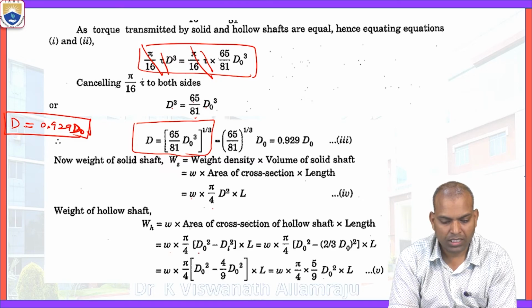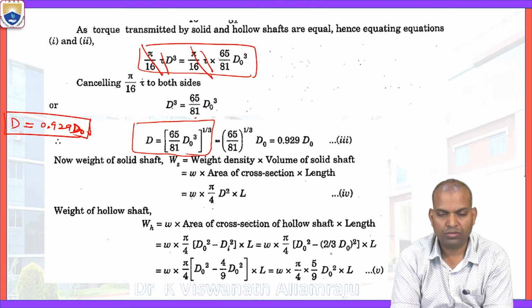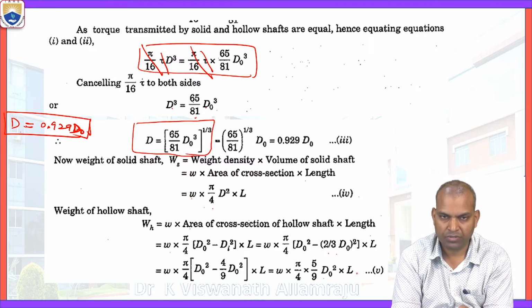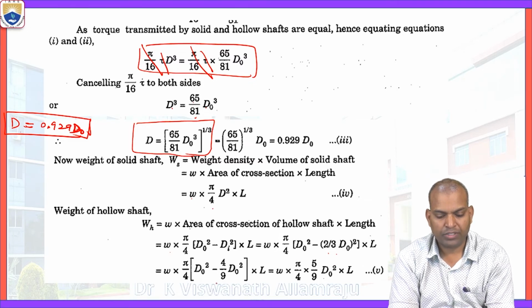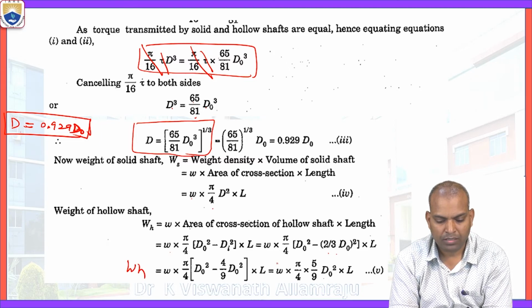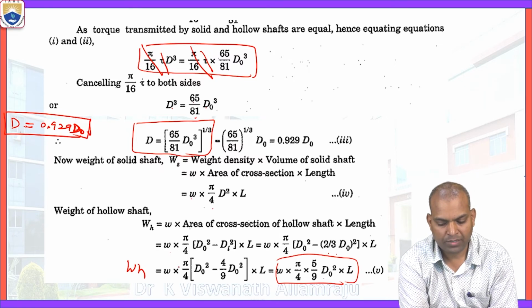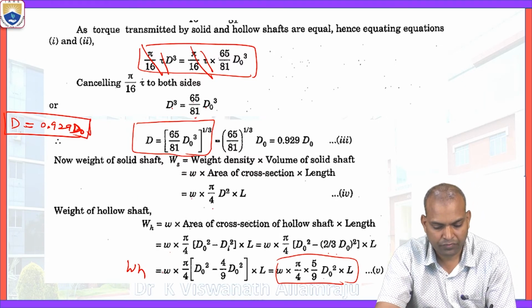As you mentioned here, just now we calculated that d i equal to how much value? 2/3 times of d naught. That was given. Then after simplification, we'll get finally WH equal to W times pi by 4, 5 by 9 d naught square times L. This is the equation 5.